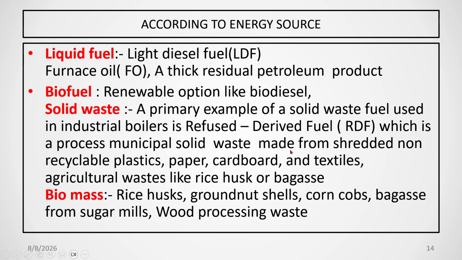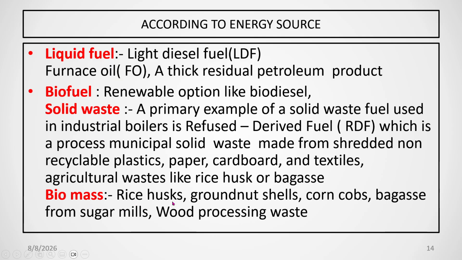Then solid waste. Municipalities have a lot of waste, like recycled plastic, paper, cardboard, textiles, and agricultural waste like rice husk and sugar cane. After taking out the sugar liquid, the residue which cannot be used otherwise can be dried and used as a fuel.